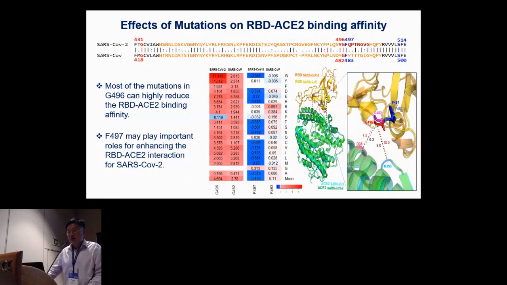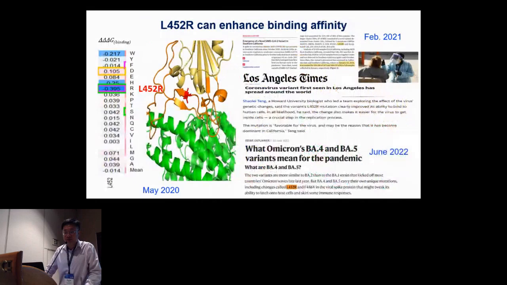Then we look at an example of a real variant mutation, L452R. If we calculate the ΔΔG binding, it is minus 0.395. This indicates this mutation could enhance binding affinity. Very interestingly, we saw this in the early pandemic. Then in the next year, this mutation became a marker mutation for the California strain.